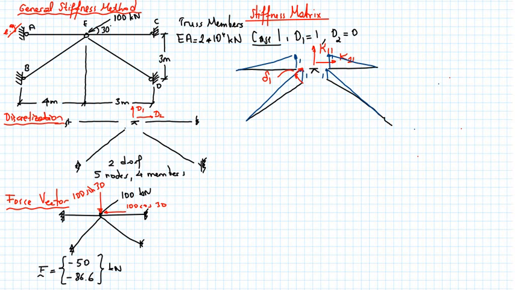The same thing holds for member DE. It moves in the upward direction in unity. So if I divide it into its components, this is the transverse component of 1, and this is the component along the element axis, and that's delta 2.